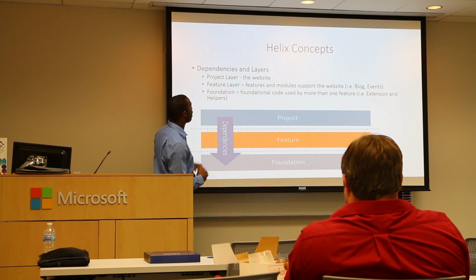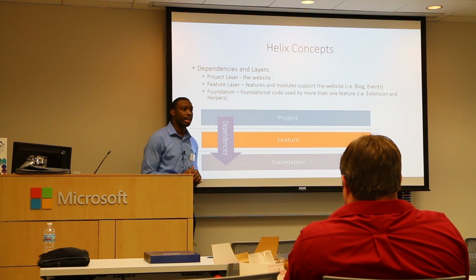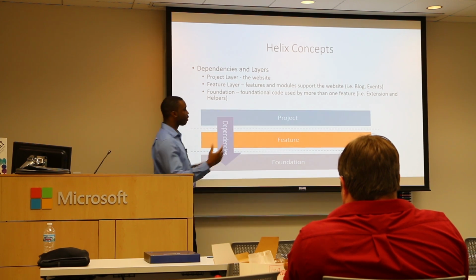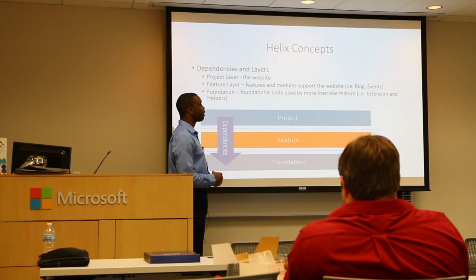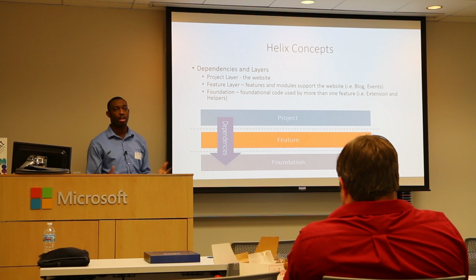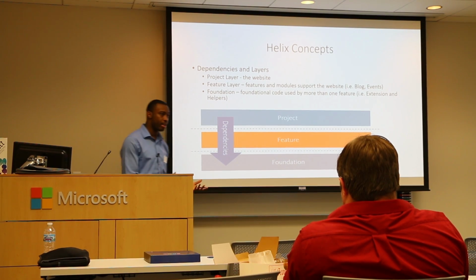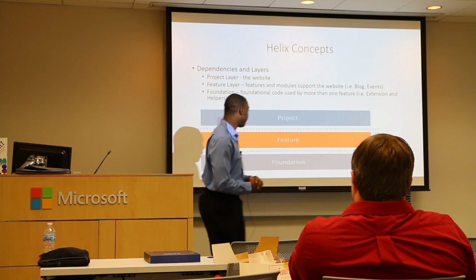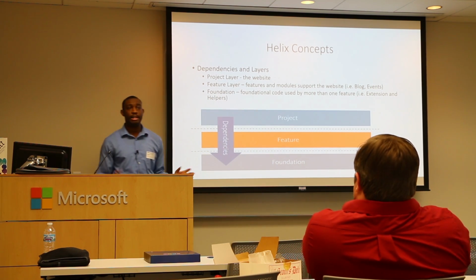So the project layer, as I mentioned, is typically your website. Okay? The feature layer can be blogs or events or CRM integration, and then foundation are usually helper tasks and extensions that you use in your codes or utility classes that you may use from throughout all projects, such as get item or get this field, and you may standardize the way of doing that. Okay? So the idea is to reduce dependencies.